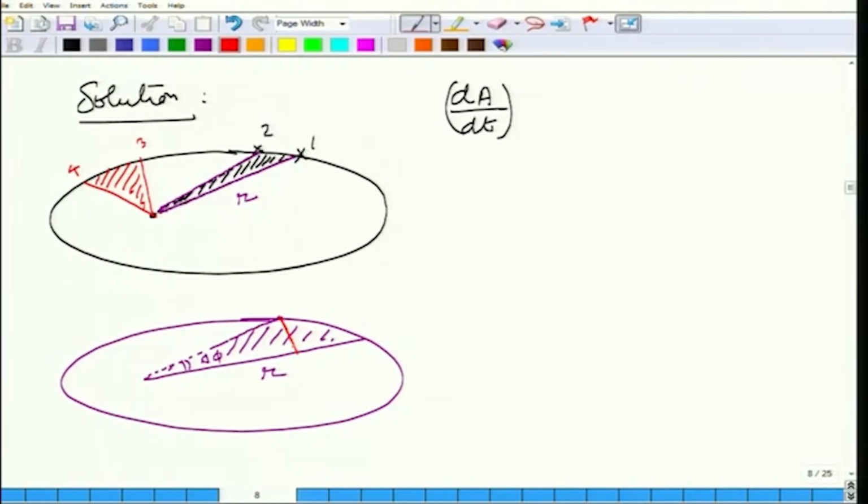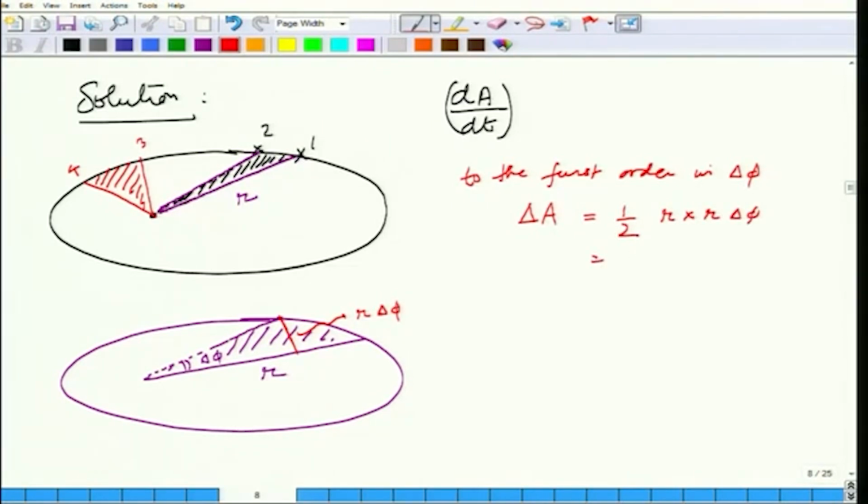This becomes the base. Keep in mind delta phi is very small. This base distance is going to be r delta phi, and therefore to the first order in delta phi, the area delta A is going to be 1/2 of r times r delta phi, which is 1/2 r square delta phi.